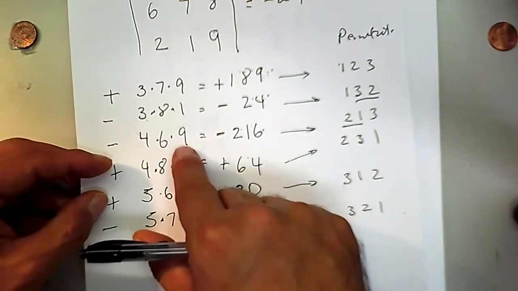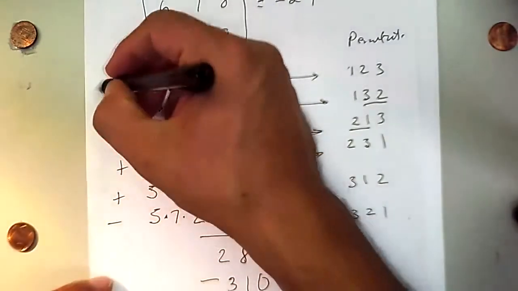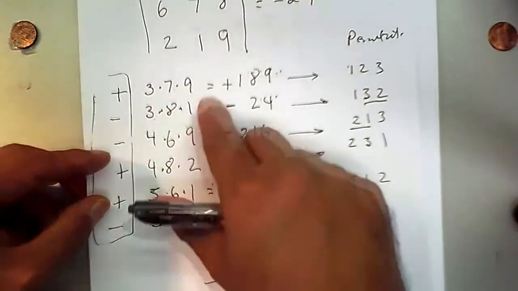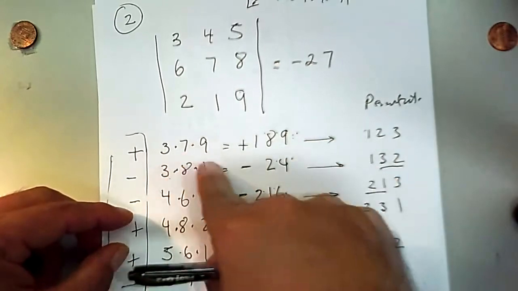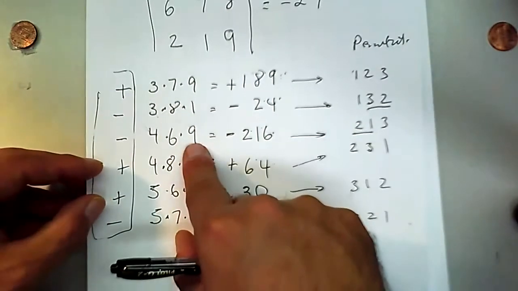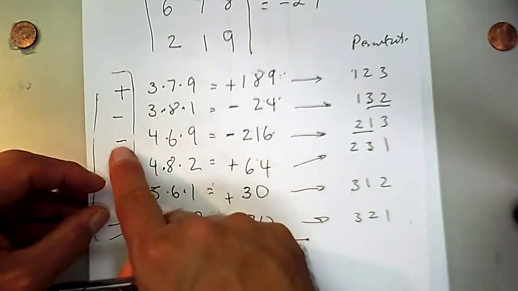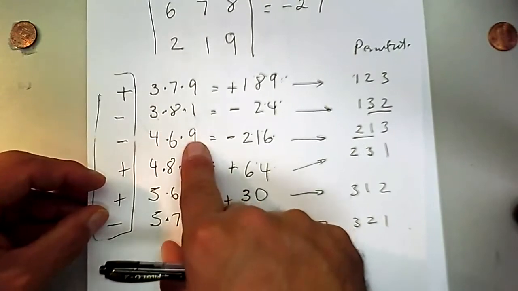Yeah, so that gets a little complicated because in addition to these signs, which are fixed, you're going to keep those. But in addition to that, if any of those numbers has a negative in it, we have to include that into the product. So this would be negative 9 instead, and then we would have two negatives, the negative from the parity of the permutation plus the negative from the 9.